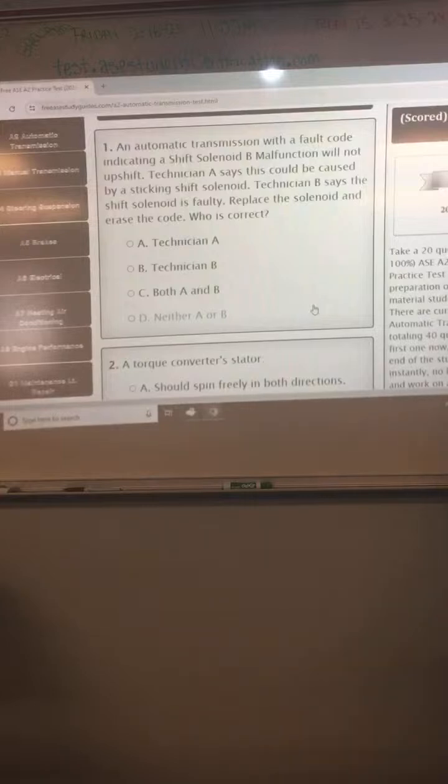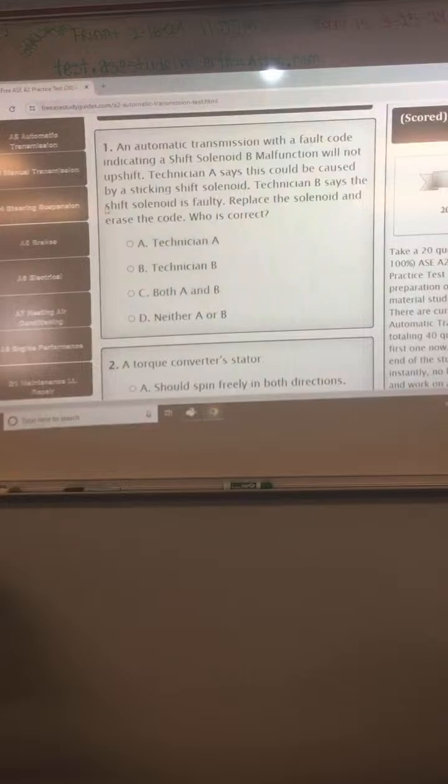If you look on page 1714, which we have not got to yet, you'll see some transmission-related diagnostic trouble codes, or DTCs. Notice they're all 700s. They're structured in order so that you know what system that code is for. So we got one that says shift solenoid B malfunction. Obviously that's one of the shift solenoids in the valve body, got a malfunction with it. Won't upshift. This guy says it could be caused by a sticking shift solenoid. Makes sense, right? If it's not working, maybe it's sticking.